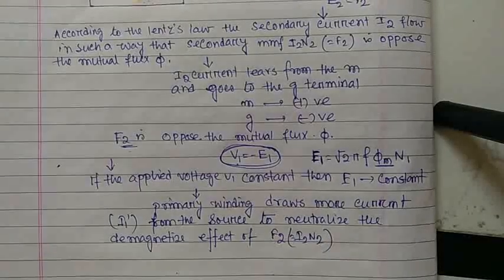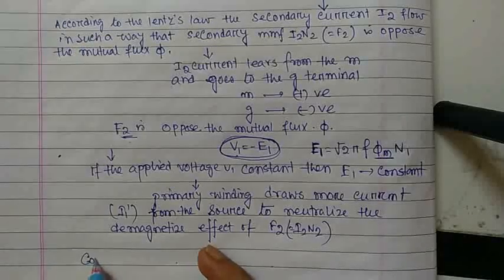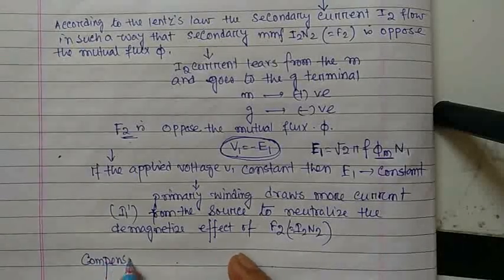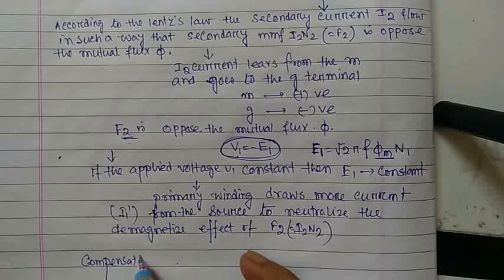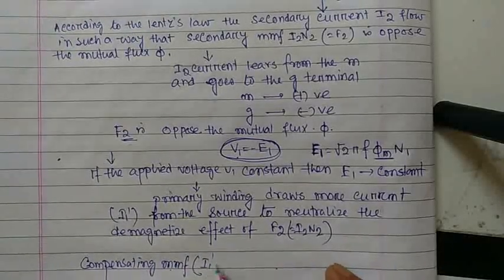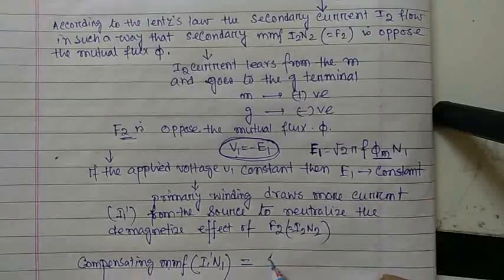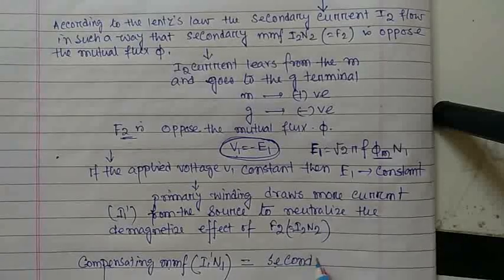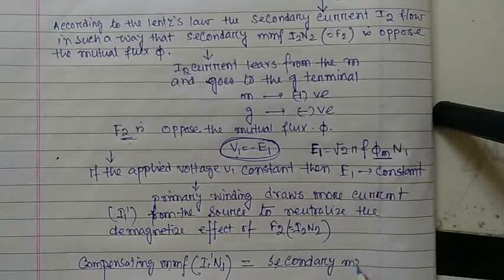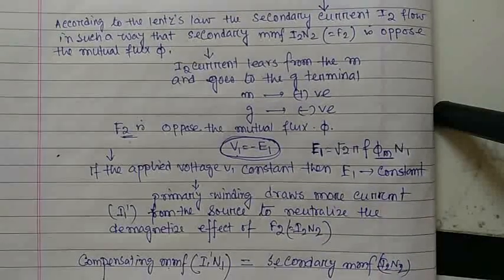Very simple. So the compensating MMF, that is I1 dash N1 in the primary, is equal to the secondary MMF, that is I2 into N2.